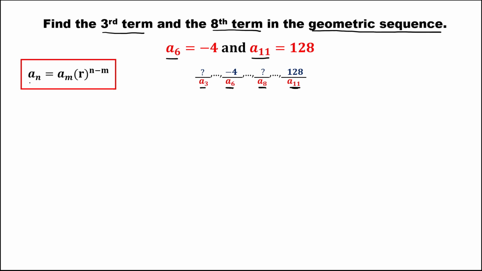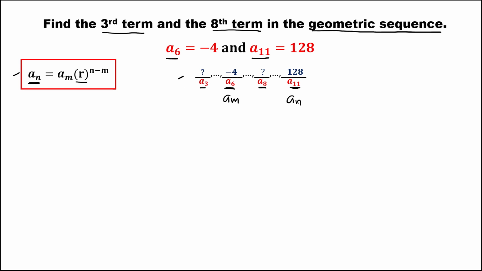Since a sub n is the last term, from this given, a sub 11 is a sub n. This is the last term. So first, we need to find the common ratio using a sub 6 as a sub m. To find the common ratio, substitute all the values into this formula.